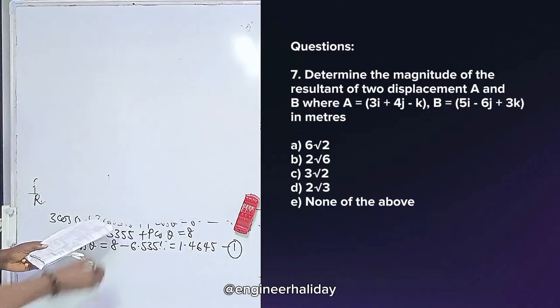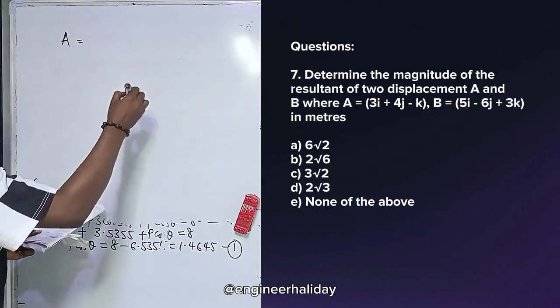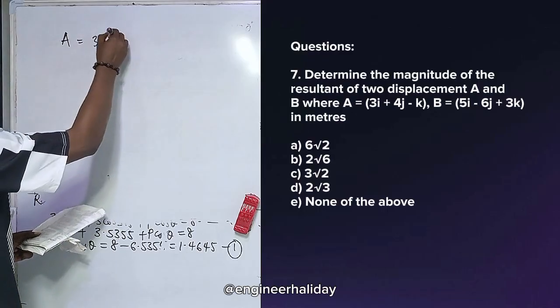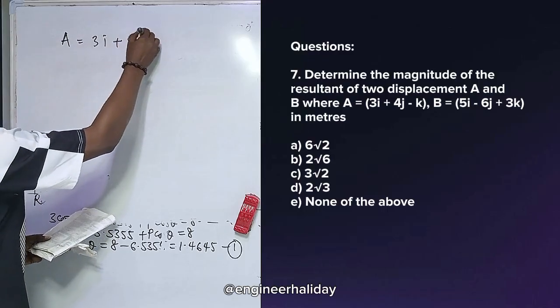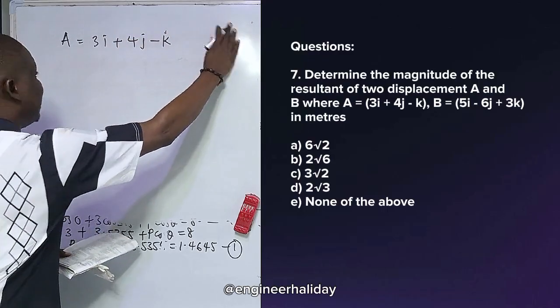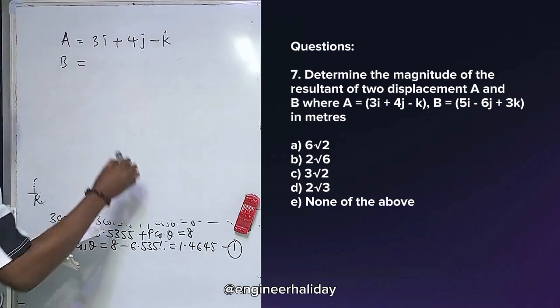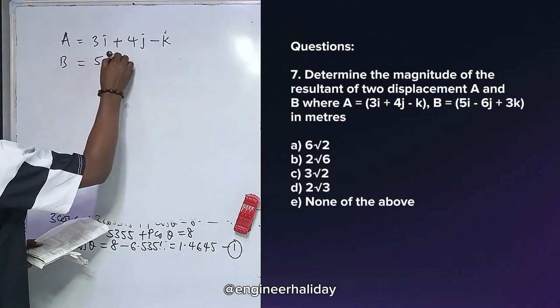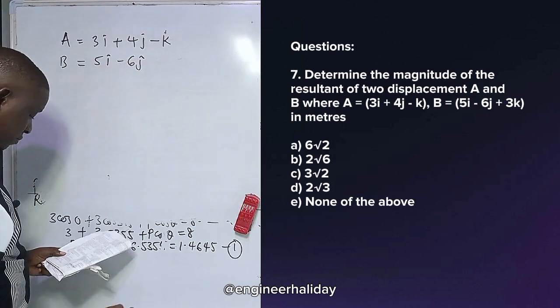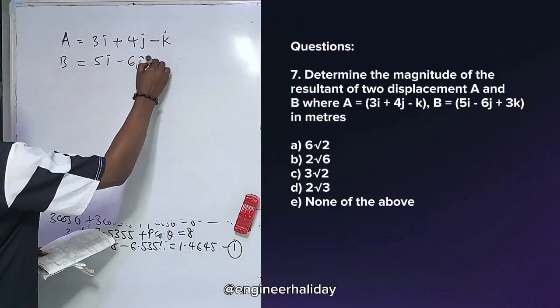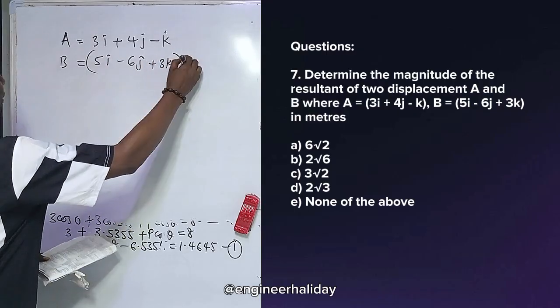A is 3i plus 4j minus k. Then B is 5i minus 6j plus 3k.